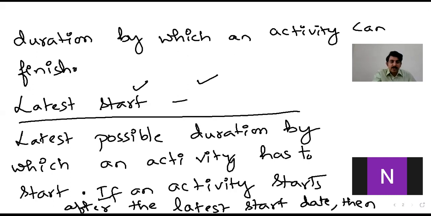That means if you delay an activity beyond the latest start date, then the project completion duration also will be delayed. So that is the reason it is very important that the project manager has to determine these two parameters: the earliest possible duration and the latest start possible duration, latest finish possible.